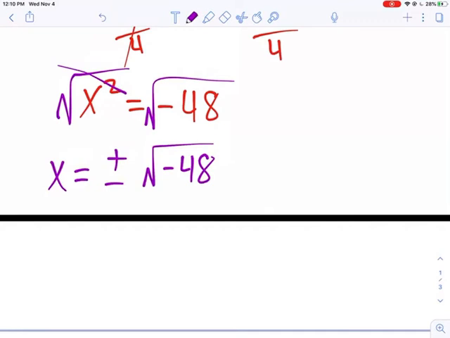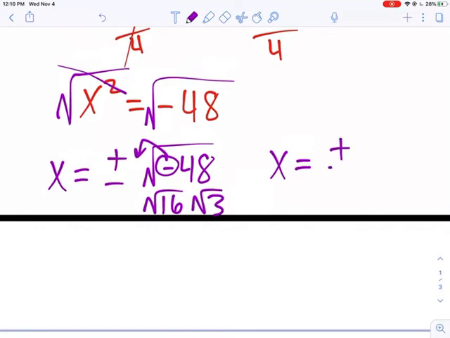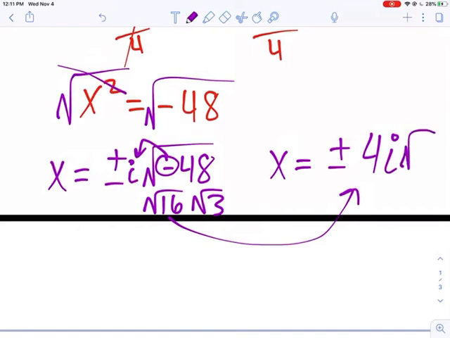So square root of 48 is going to break itself down into, we know the i is going to come out. And 48 will break down into the square root of 16 times the square root of 3. So that's going to get us x equals positive and negative. Square root of 16 is 4. We have that negative coming out to make an i. And then the square root of 3 cannot be simplified.